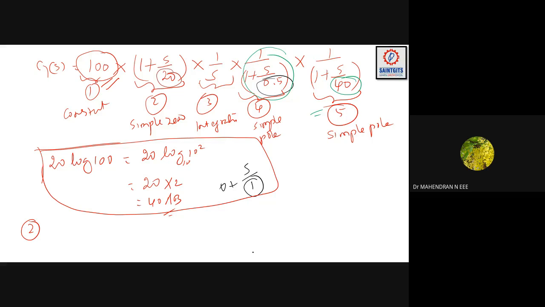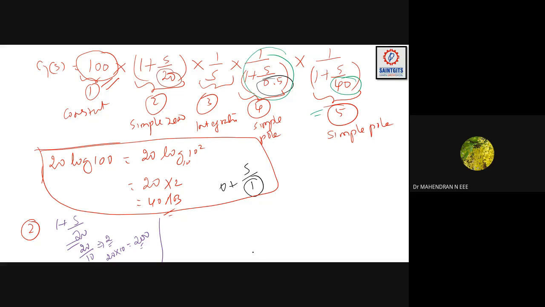It's a simple constant, and it will get the 0-degree value. Second term, it will be 1 plus s divided by 20, and here you have to divide the frequency. So 20 divided by 10, it will be 2, and 20 into 10, it will be 200. So this is your assumption.